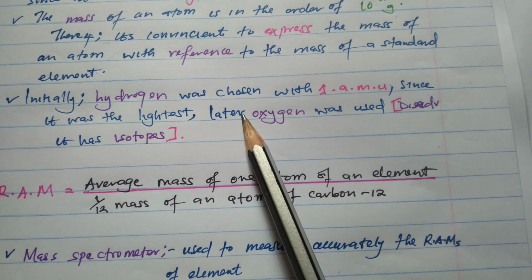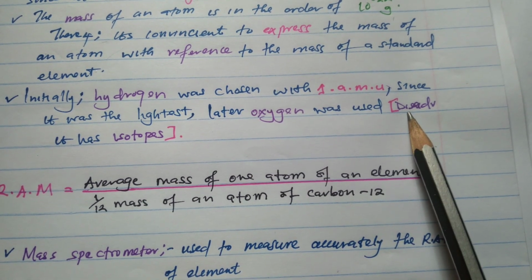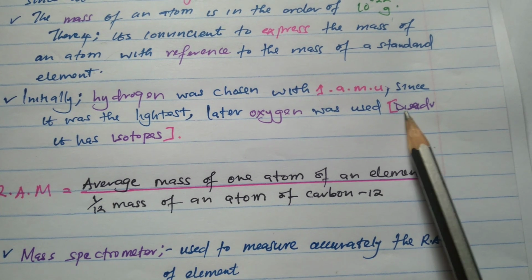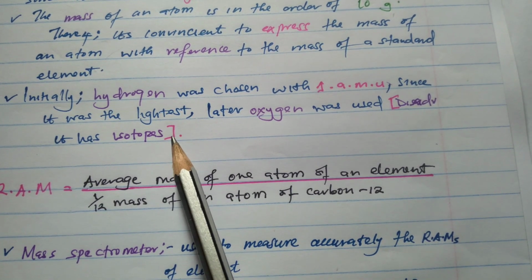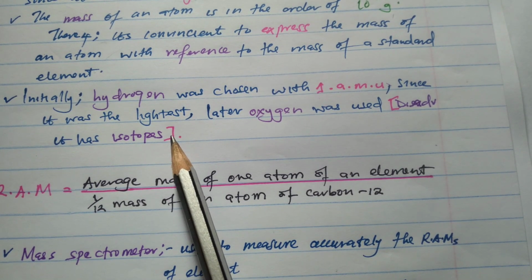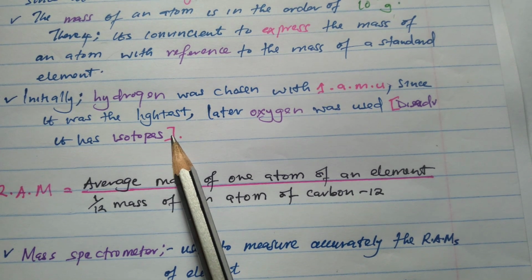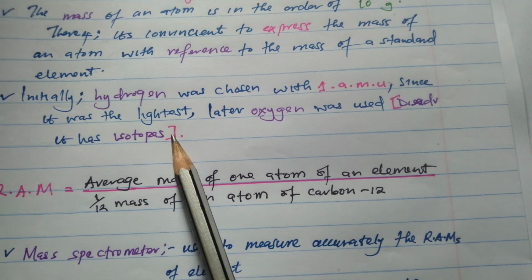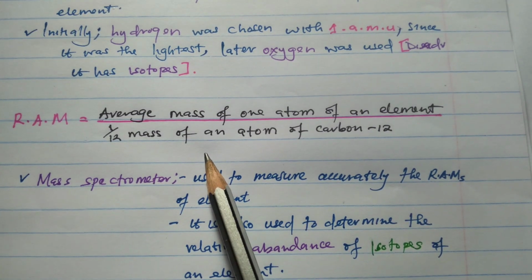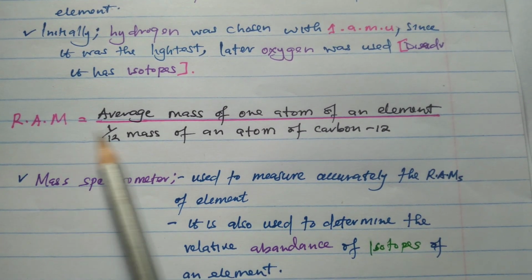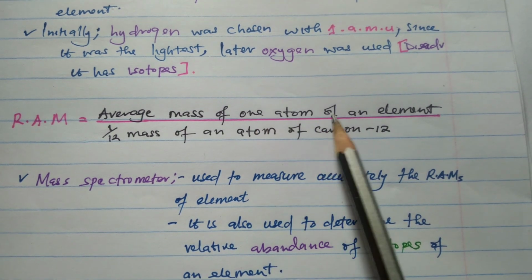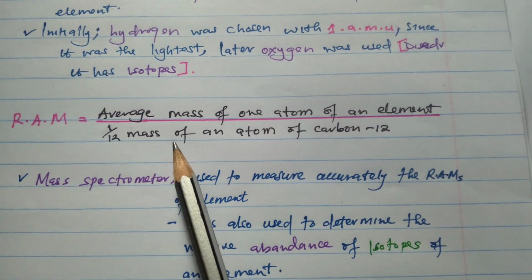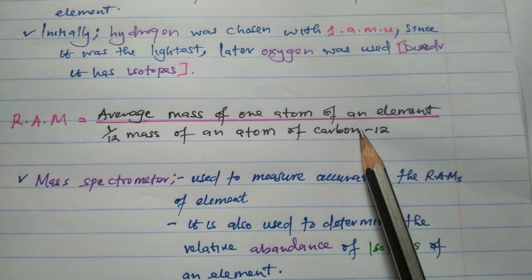Later, oxygen was used, and the disadvantage of it was that it had many isotopes. I think there are two isotopes. And then we need to write the formula for RAM, and RAM is the average mass of one atom of an element over 1/12 mass of an atom of carbon-12.